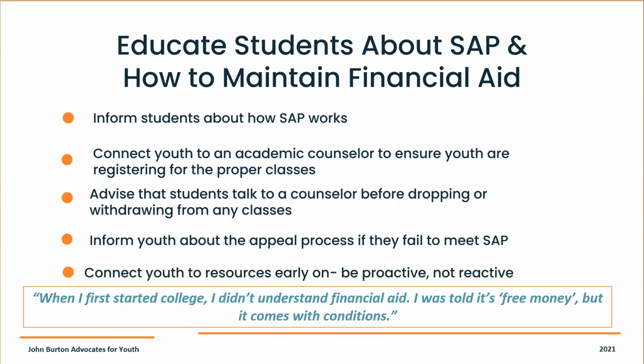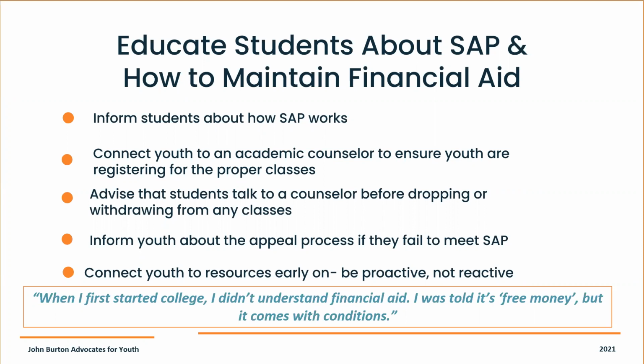We also encourage them to reach out to any counselors before dropping or withdrawing from classes. If a student does not make SAP for those first 2 consecutive terms and they need to file an appeal to have their aid reinstated, the youth is going to need help with this appeals process.